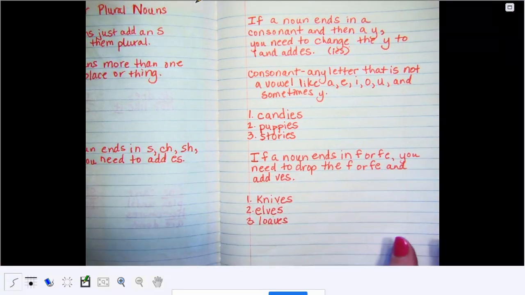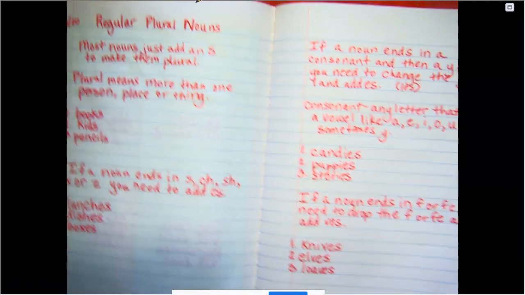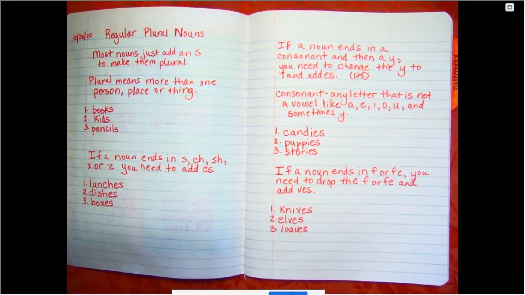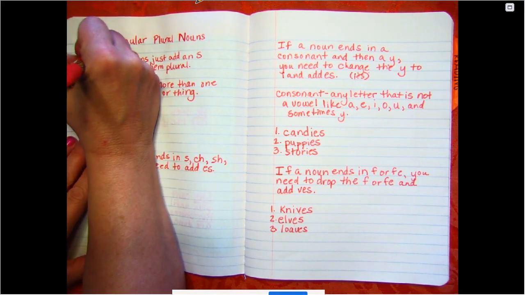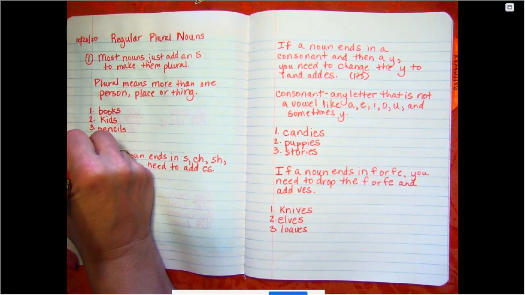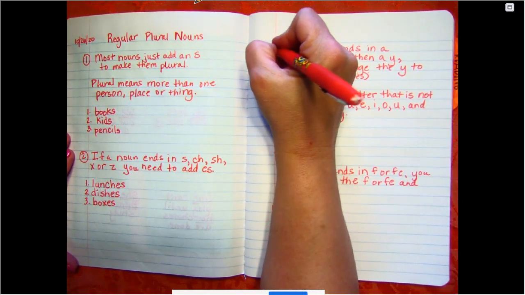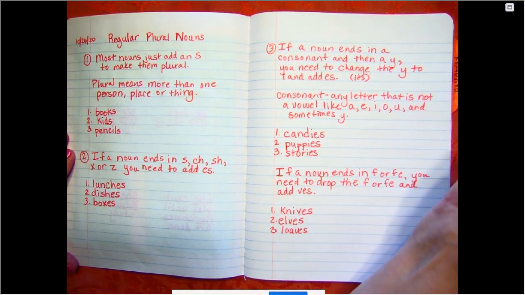Okay, make sure you have all of this written down. That's quite a bit of stuff. It's more than we've ever done before for writing. But go ahead and push pause right here so you can finish filling in all of the different rules for plural nouns. So like this is rule 1, this is rule 2, this is rule 3, okay.